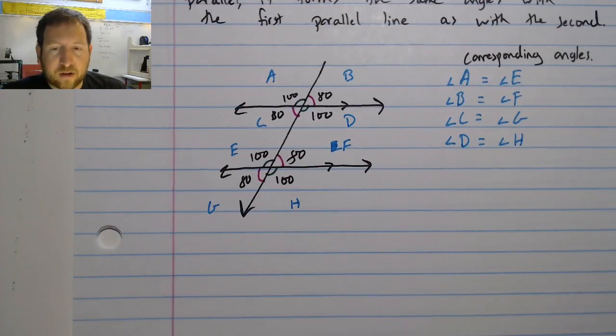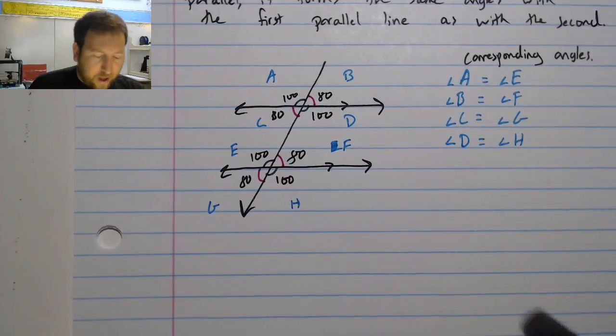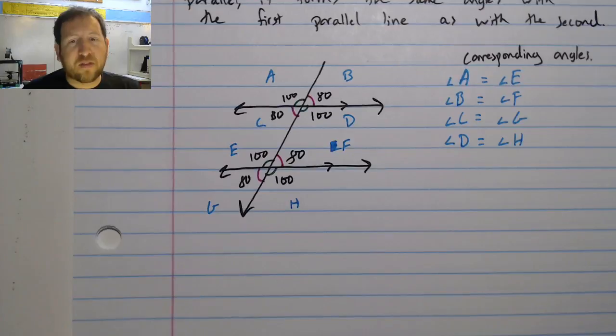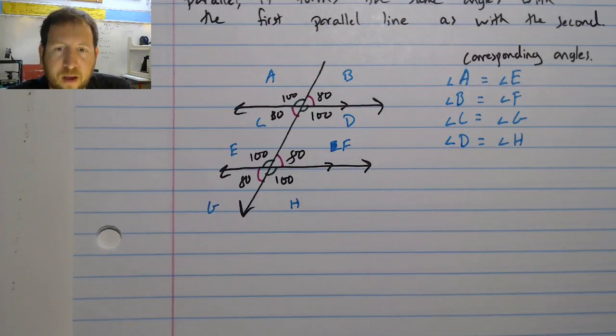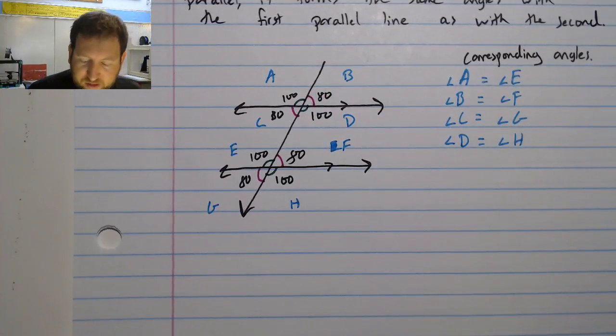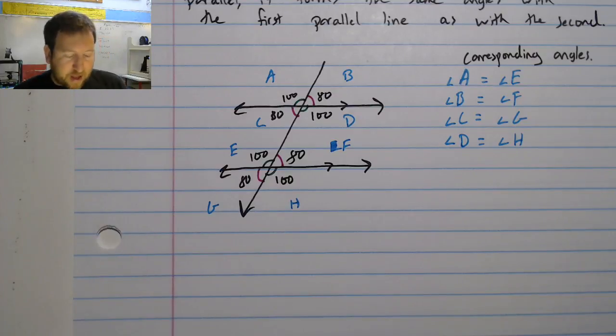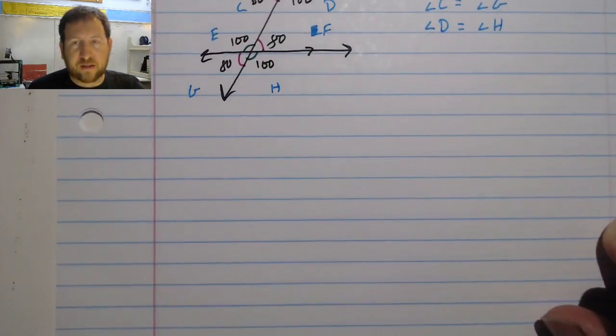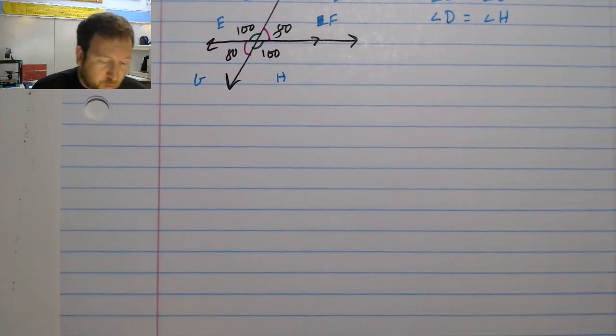And again, they're going to give us a set of this with some of these missing, and we'll need to figure out where these possible numbers go. But that's pretty much the biggest thing about these corresponding angles. Whenever we have parallel lines, it creates a whole set of these. Let me show you a quick example of how I could fill in an entire set just by knowing at least one of the angles.